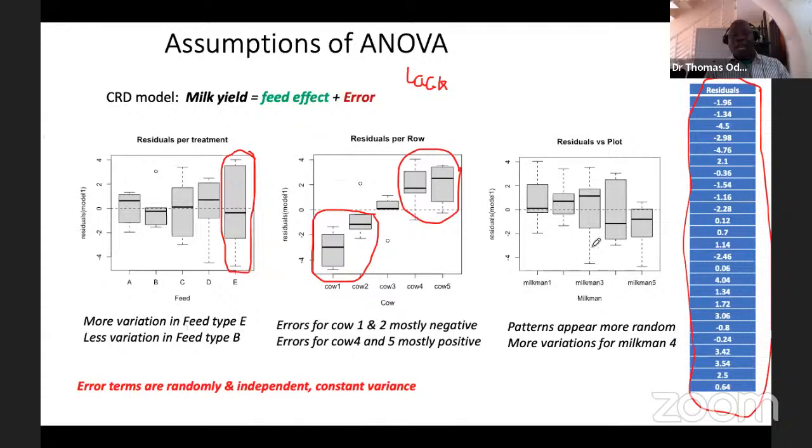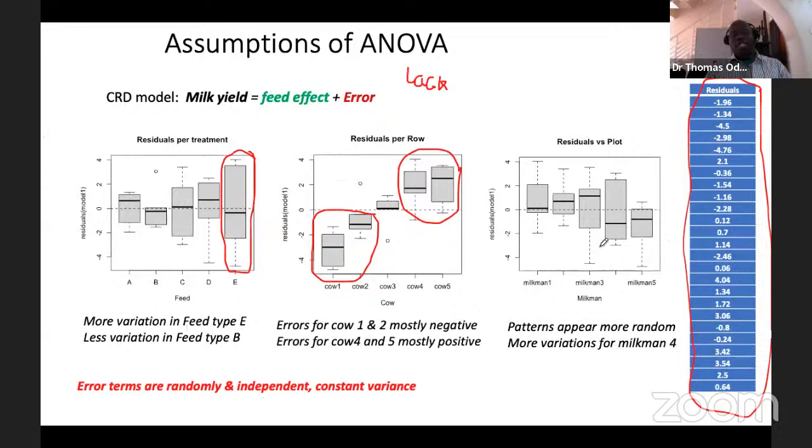So from here, I can tell that our model seems to have a problem as far as estimating the milk of the different cows is concerned. And this could mean we need to include the cow in our model. That literally would be the thing that we need. So error terms are supposed to be random, independent, and have constant variance.